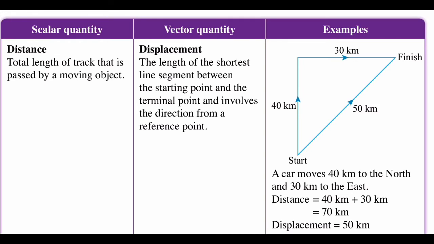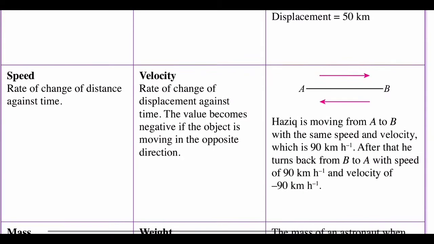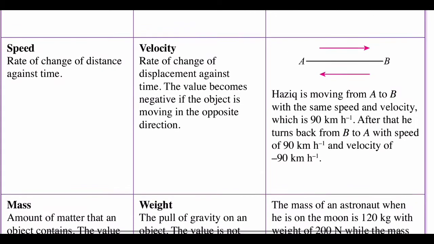So the total distance is actually 40 kilometer plus 30 kilometer. So the total distance is 70 kilometer. And then the displacement is actually 50 kilometer.